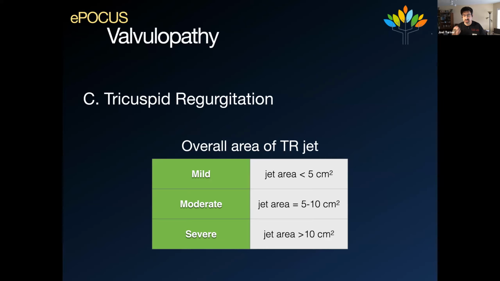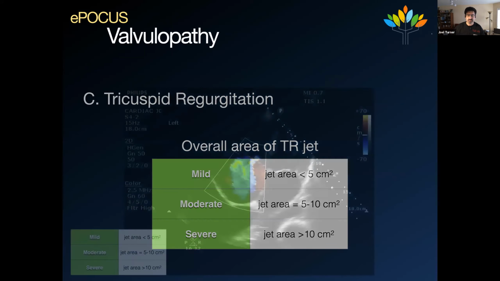Somebody could have very severe pulmonary hypertension from a very fast tricuspid regurg, but the actual jet area is very small. So they do not go along together. One talks about the severity of the regurgitation. The other one talks about the pressure of the ventricle. So make sure that you don't equate the two.